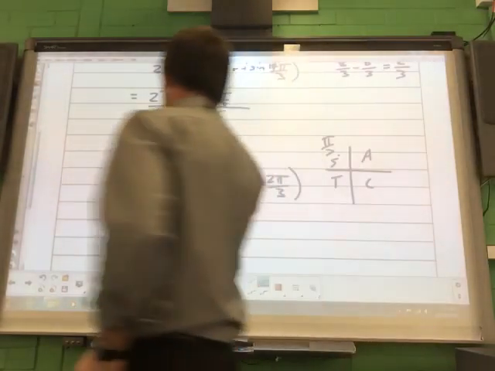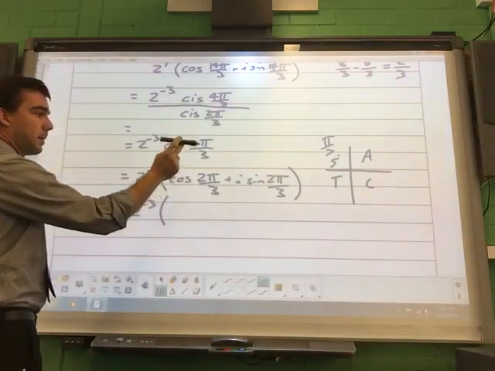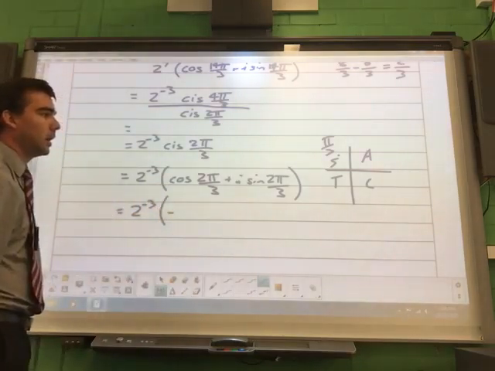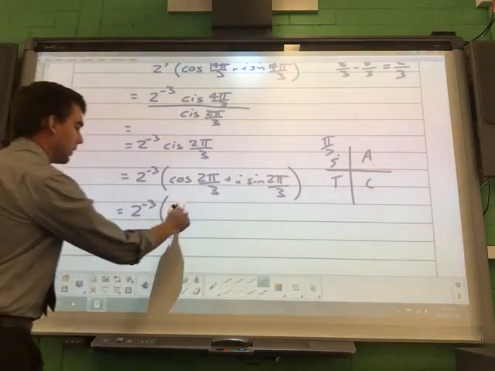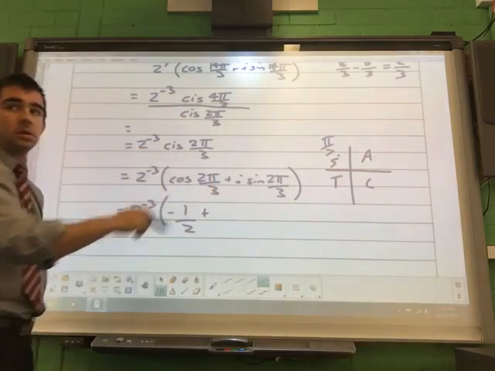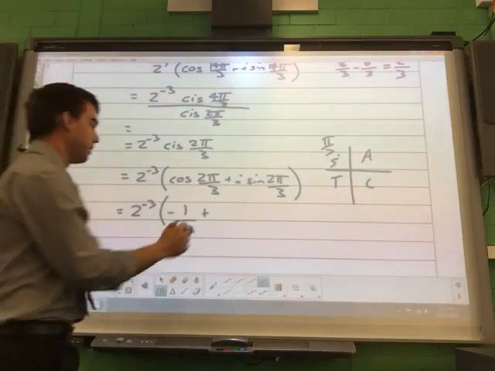So we're working on pi on 3, cos is negative, so it'll be negative cos of pi on 3, which is negative half. And sine is positive, so sine of 60 is root 3 on 2. Good.